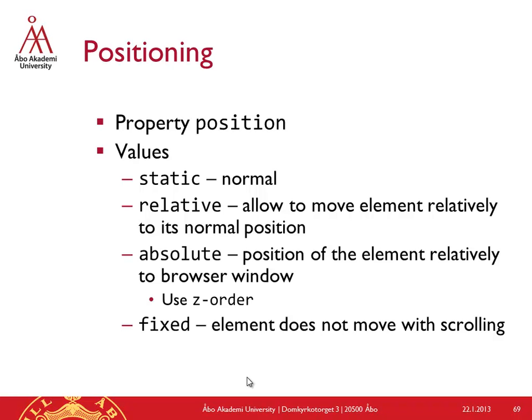The difference is that here you will be able to scroll this element, and here it will stay the same position. And don't forget, if your elements overlap with absolute and fixed positioning, to use the z-order property to specify which order they're supposed to be organized, let's say vertically.